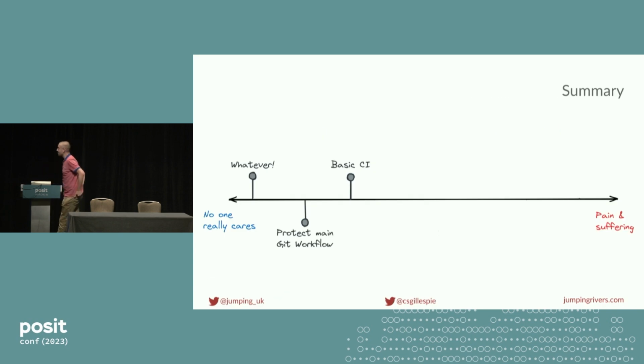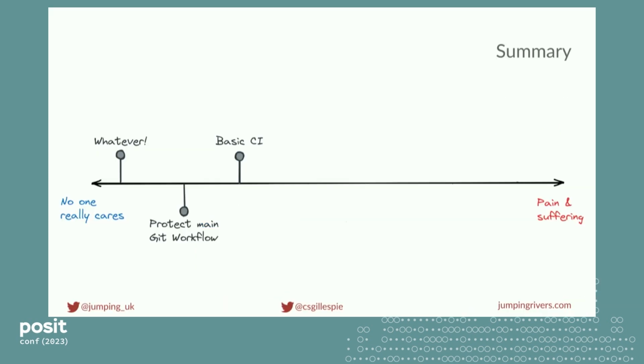Right, so just to summarize, if you're at the far left and it's only you, who cares, right? Basically, use something simple, get stuff done. But then as you make your way along, and people are actually using your software, and that could be future you in a year's time, right? I hate past me.